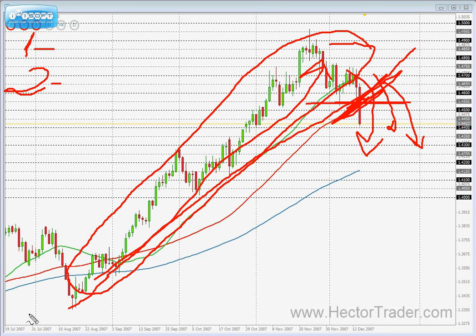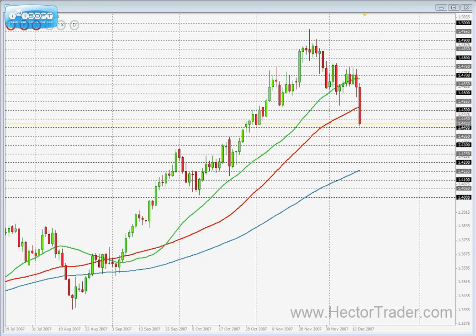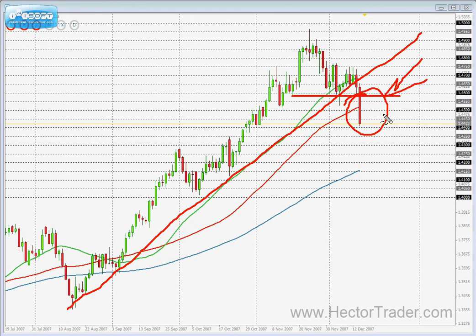In their opinion, this uptrend is finished, and once the breakout takes place, once it's confirmed that the trend is actually weakening, they reload short right there.